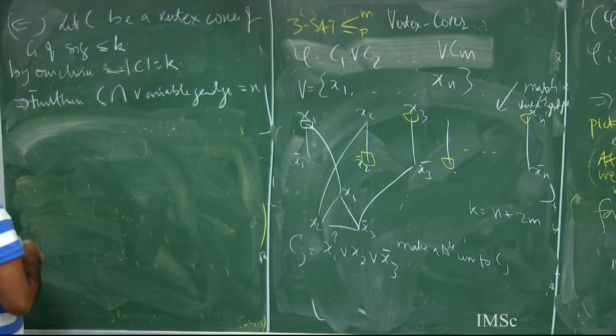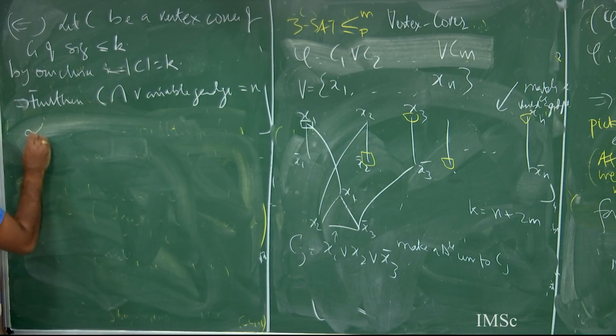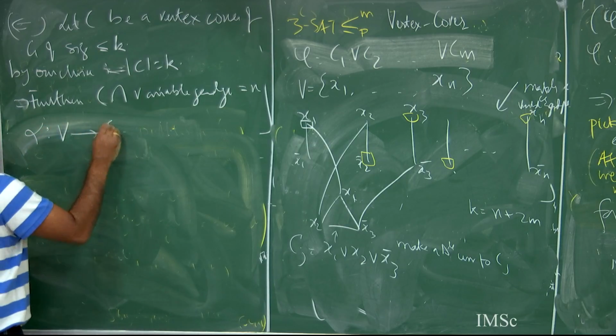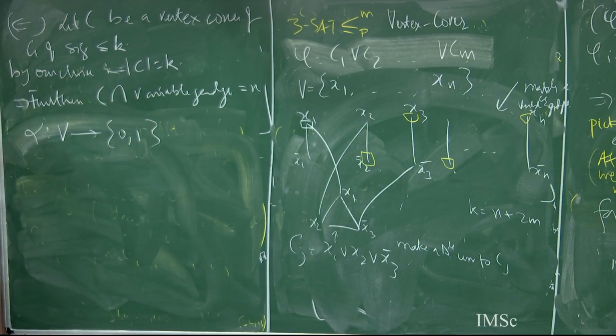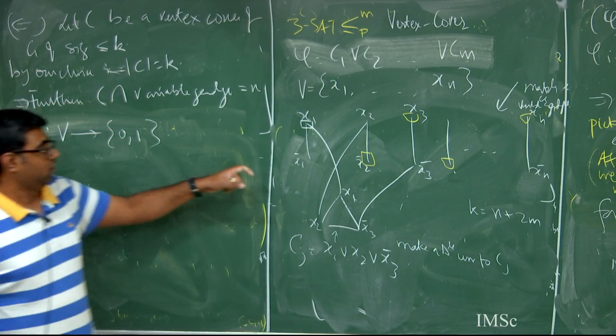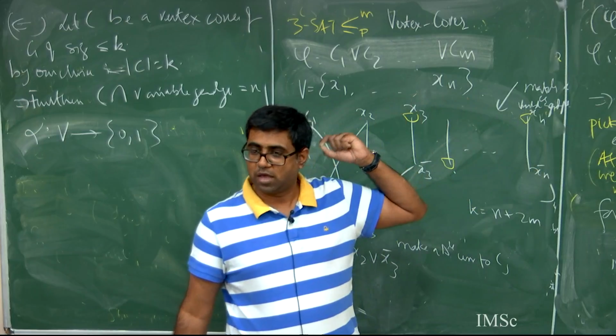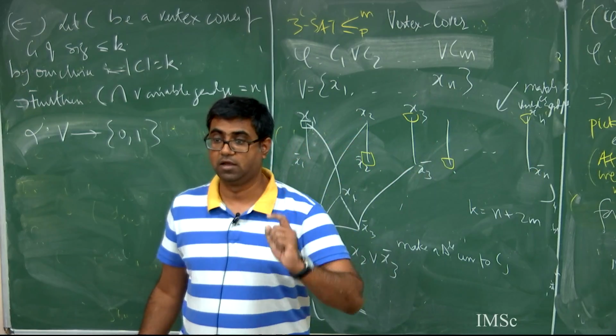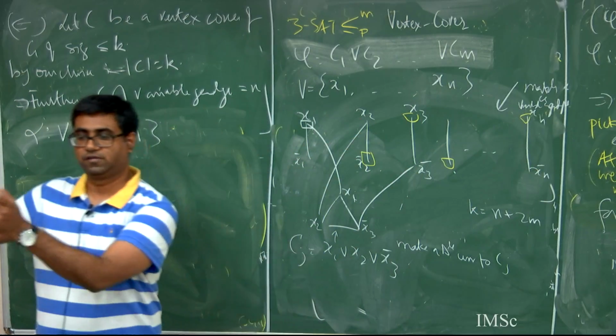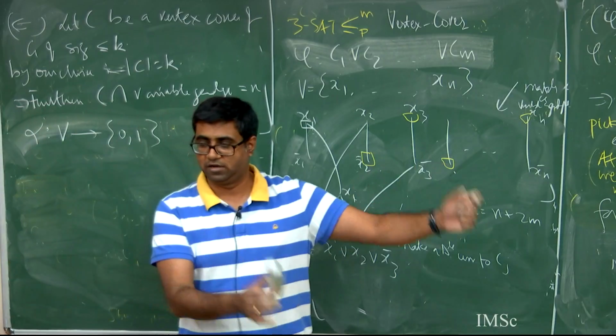Okay. So now I give a map, alpha from V to {0, 1}, right? I had a bijection, right? So since you are going to pick exactly one, this is a kind of state. From this state, I can derive my assignment. This is how I made it in the beginning. State corresponds to an assignment, assignment corresponds to a state, right?